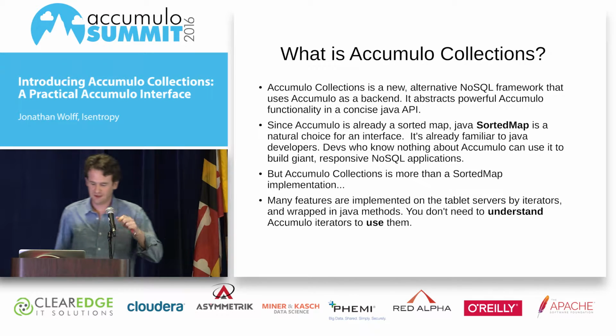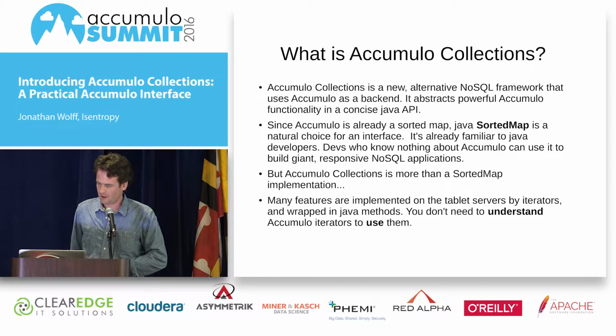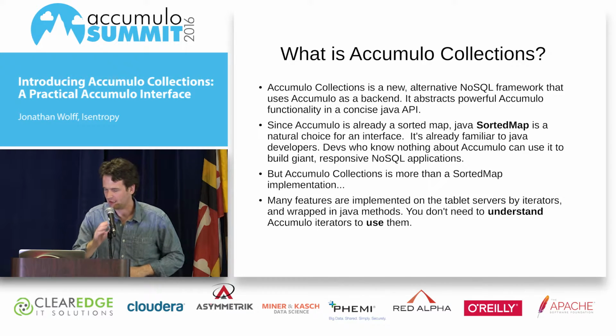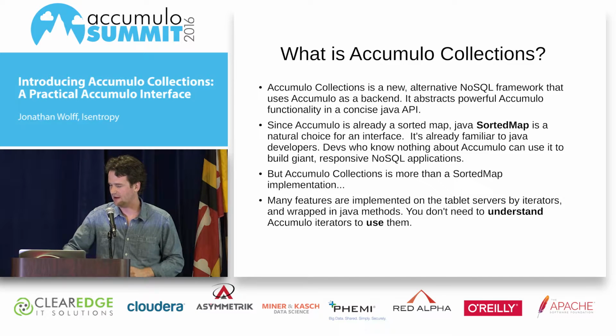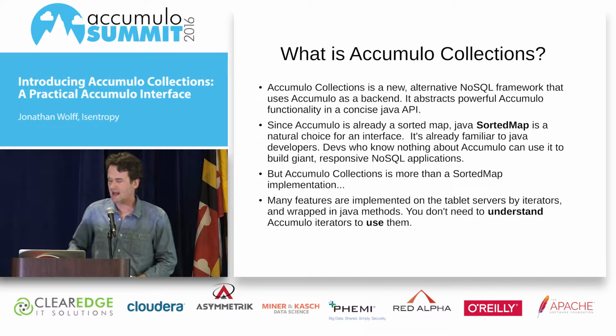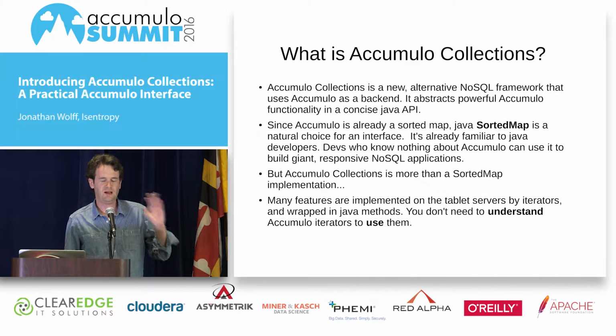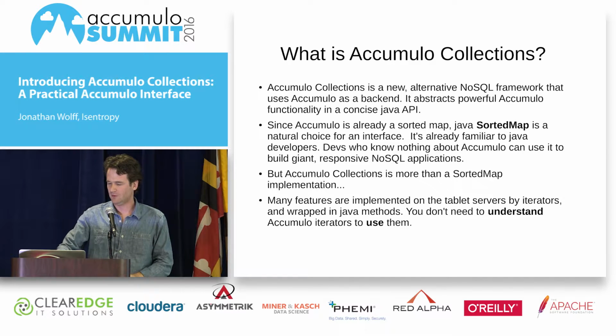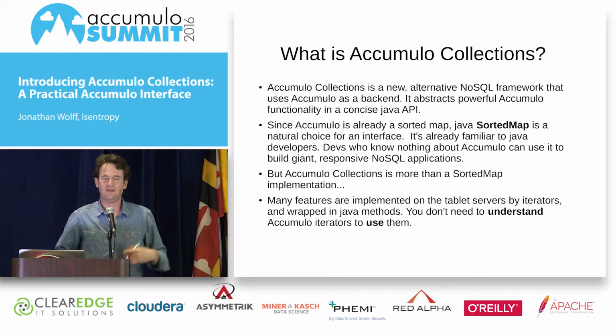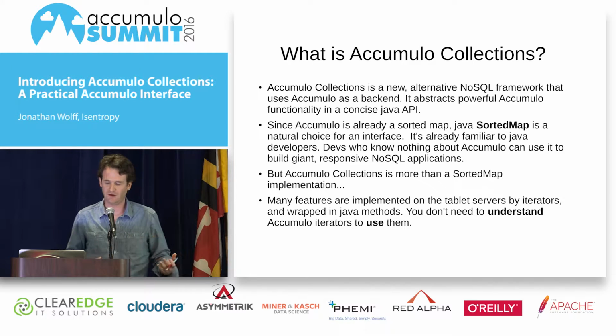Right. So this is the style of Accumulo Collections. You have an AccumuloSortedMap object that implements the SortedMap interface, and you just call methods on it. All the data pulling is lazy. So in the first example, where it says derived map, time filter, sample, that doesn't actually pull any data. That's sort of a recipe for how to pull the data. And I'll get back to the sample function later, but basically the derived maps are themselves Accumulo sorted maps.